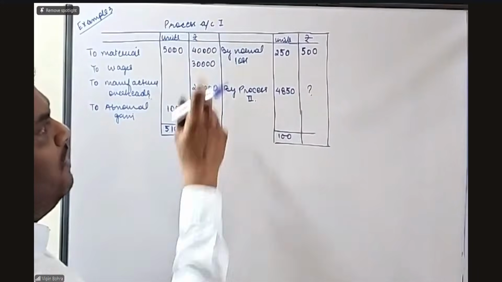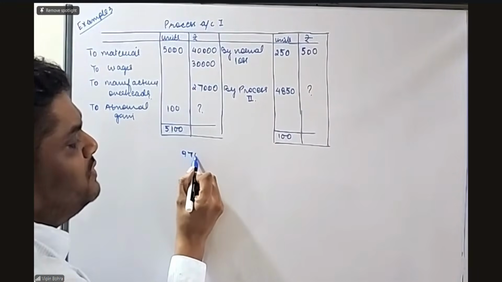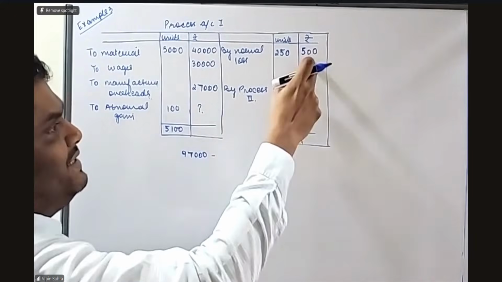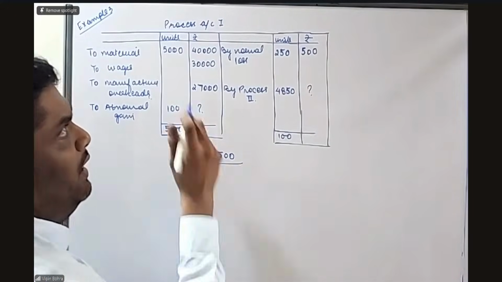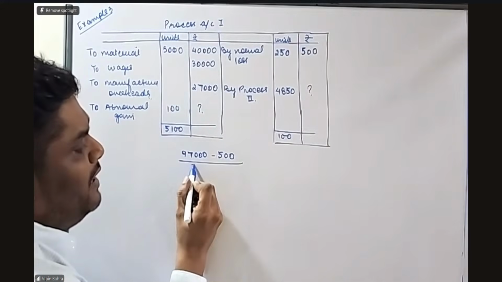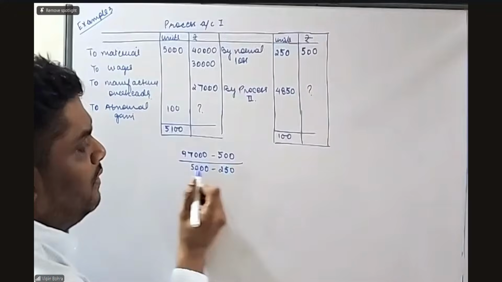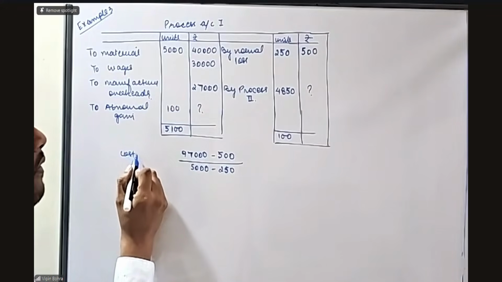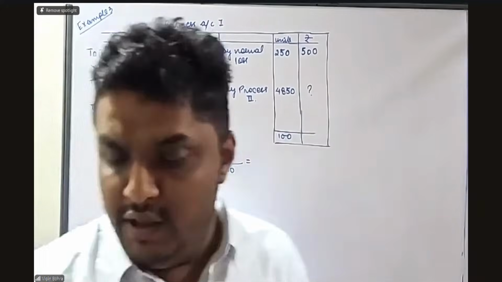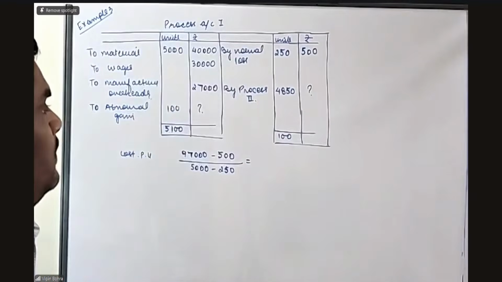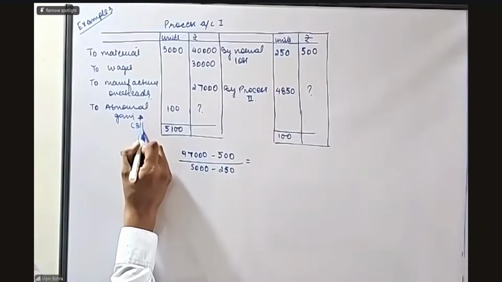The total cost of the process is 40,000 plus 30,000 plus 27,000, that is 97,000, minus scrap value realized on sale of normal loss, 500, divided by my expected production, that is 5,000 minus 250. So this will be how much? We can also say the balancing figure, just like abnormal loss.